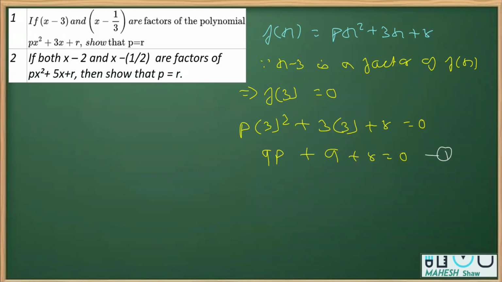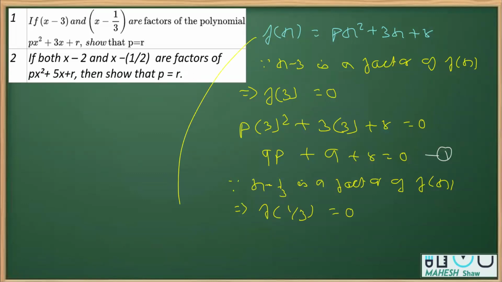Now, it is also given that x minus 1 by 3 is a factor of this f(x), it implies that f(1/3) is equal to 0, because on equating this with 0, we'll get x equal to 1 by 3. Now we are going to plug in x replaced with 1 by 3.